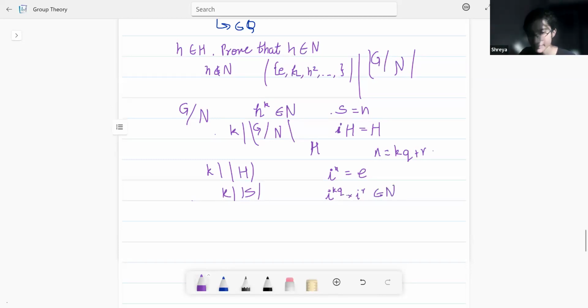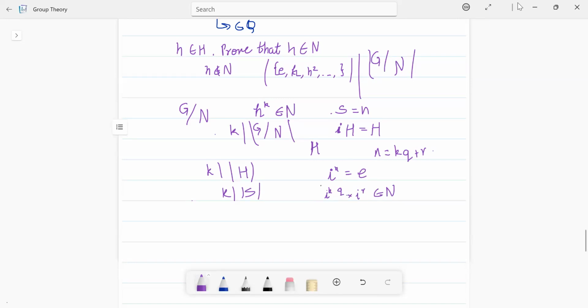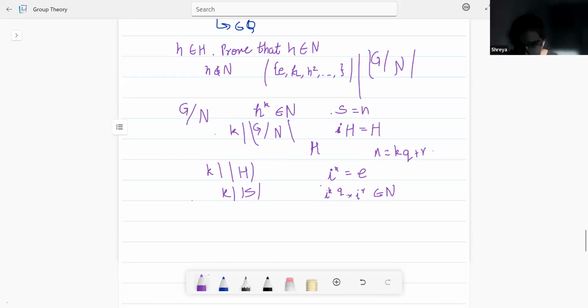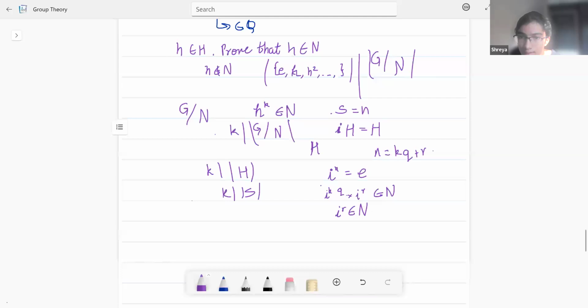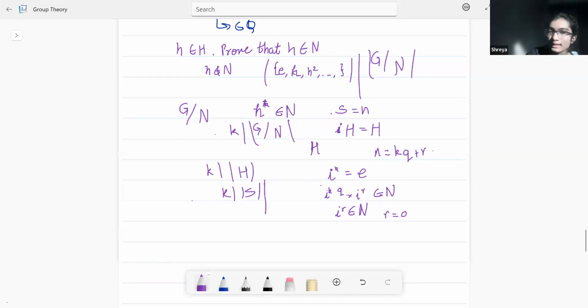This belongs to N. But i raised to kq also belongs to N because i raised to k belongs to N. So i to the r belongs to N, and then you have a contradiction. So r has to be equal to 0 because r is less than k and k was the least. Then you have k divides cardinality of S. And cardinality of S divides cardinality of H because of Lagrange, because S is a subgroup of H.